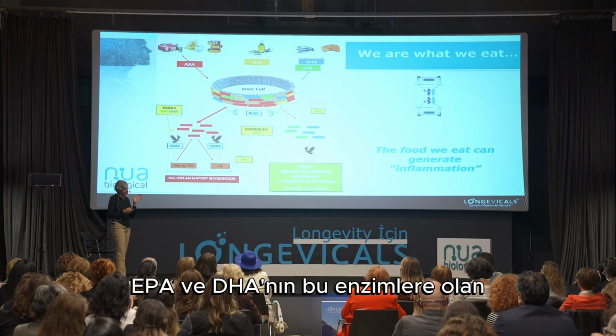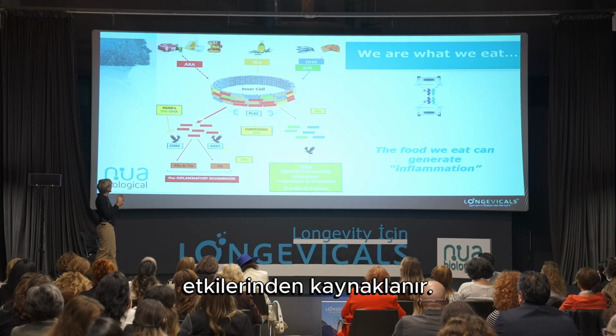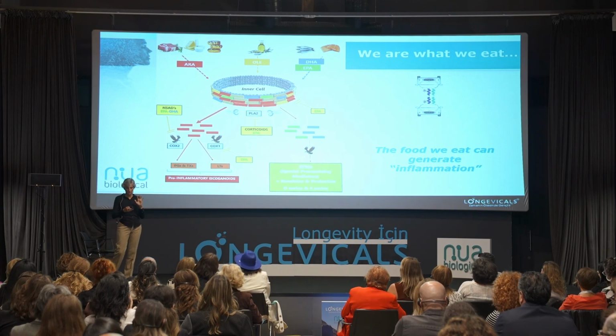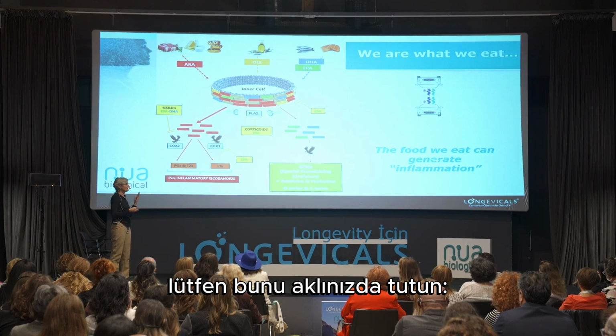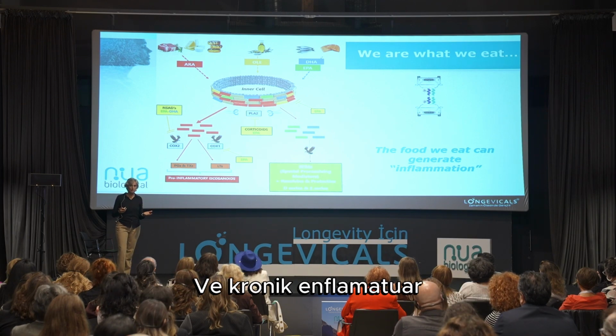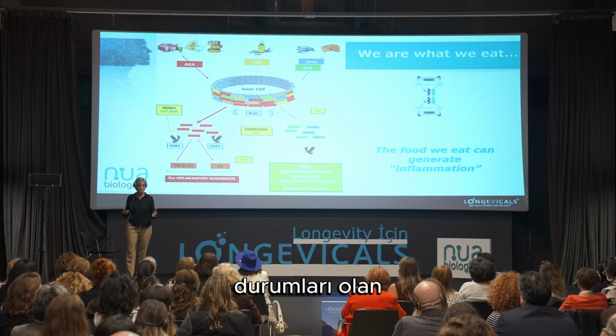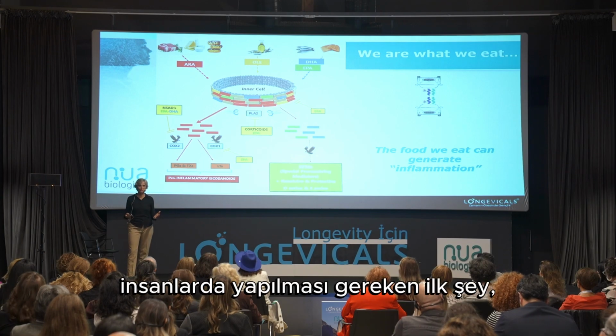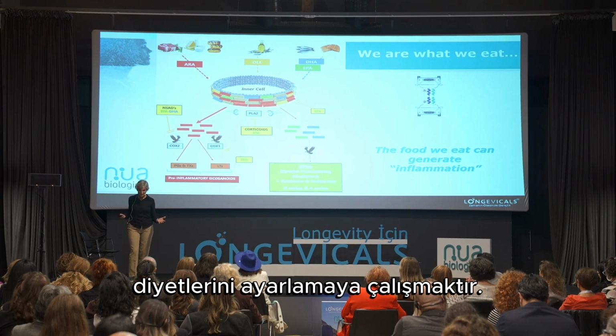And a little bit the inhibition that EPA and DHA do on these enzymes. So really, please take this into your mind: the food we eat can generate inflammation. And when we have people with chronic inflammatory conditions, the first thing they should do is try and adjust their diet.